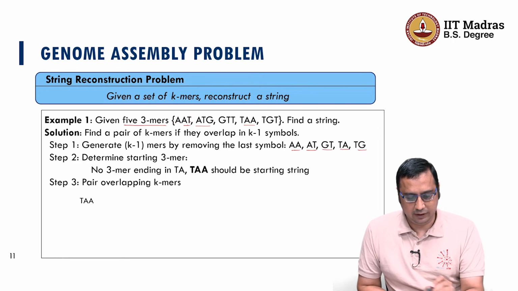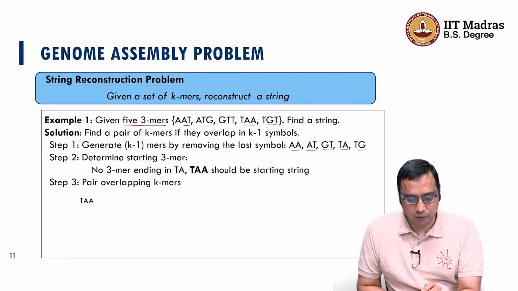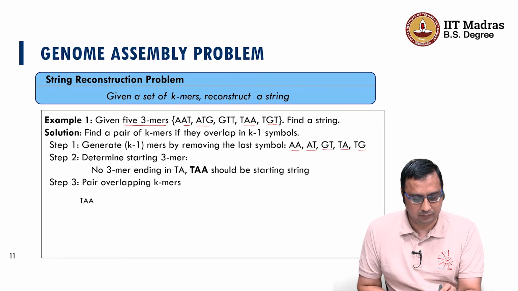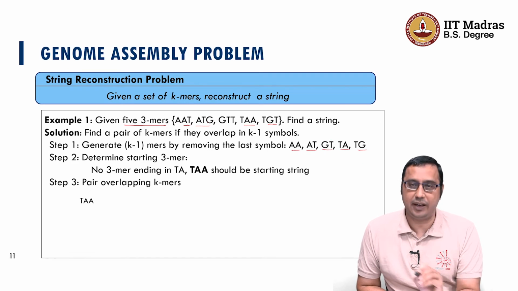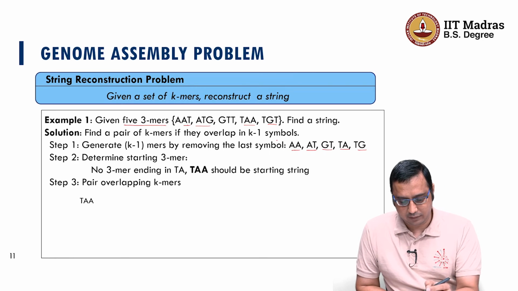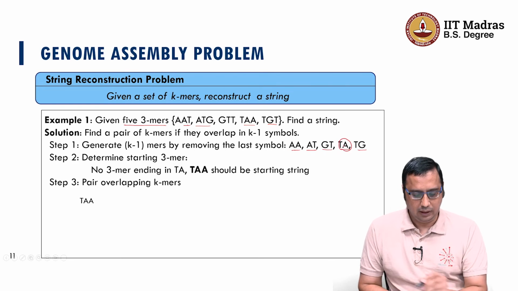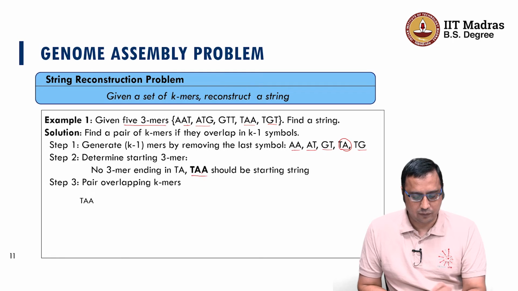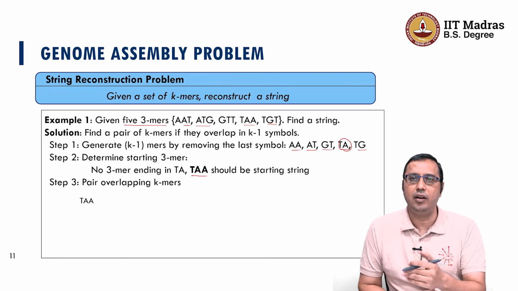So they are ending here with AT, GT is ending here, TGG ending with TG. If you look at TA, nowhere can you find it ending with TA. TG again, ATG is ending with TG. So the only element here which is not ending is TA. Hence, TAA should be a starting string for reconstruction.